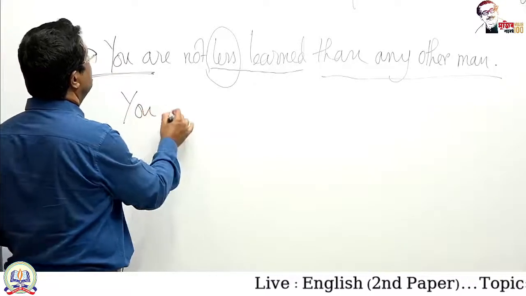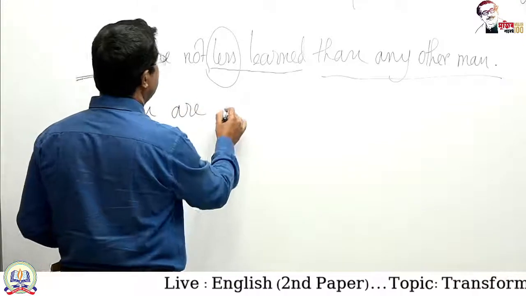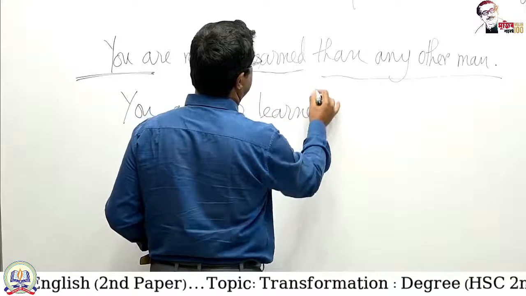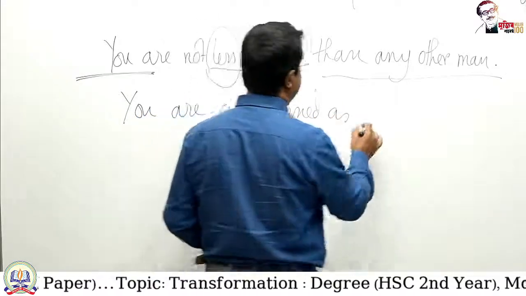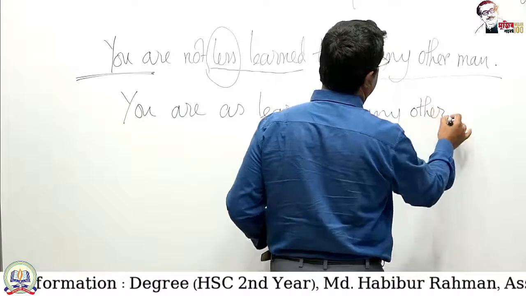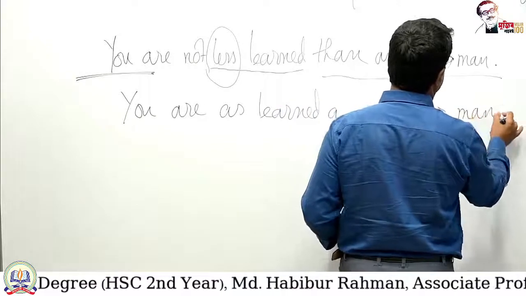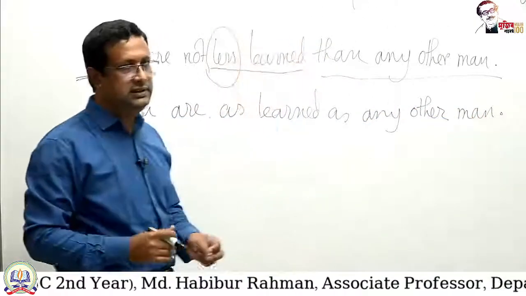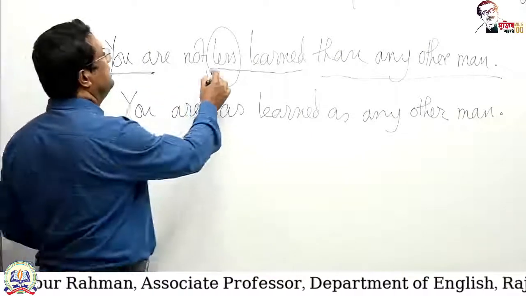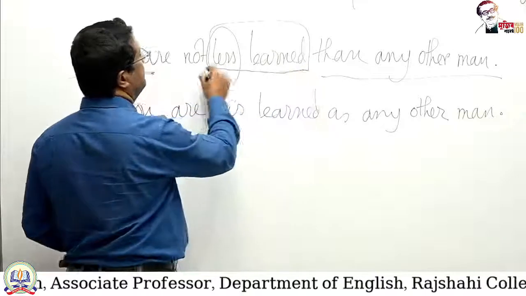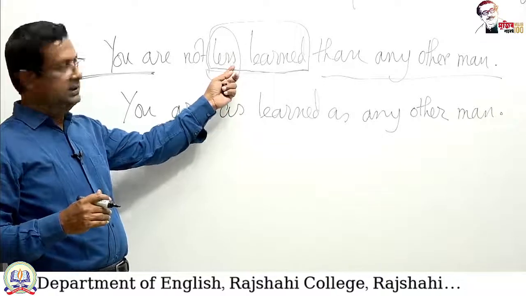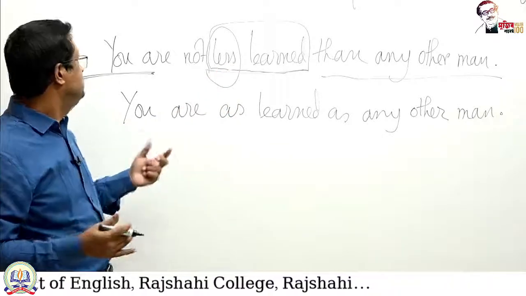You are as learned as any other man. So, notice the difference is glaring, very explicit. You see, when you find any comparison, any comparative degree with comparison less, you will not change the subject.